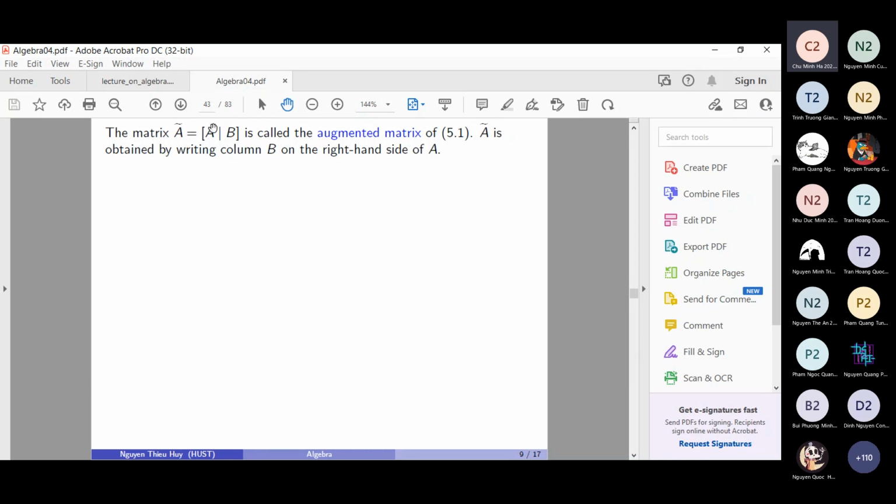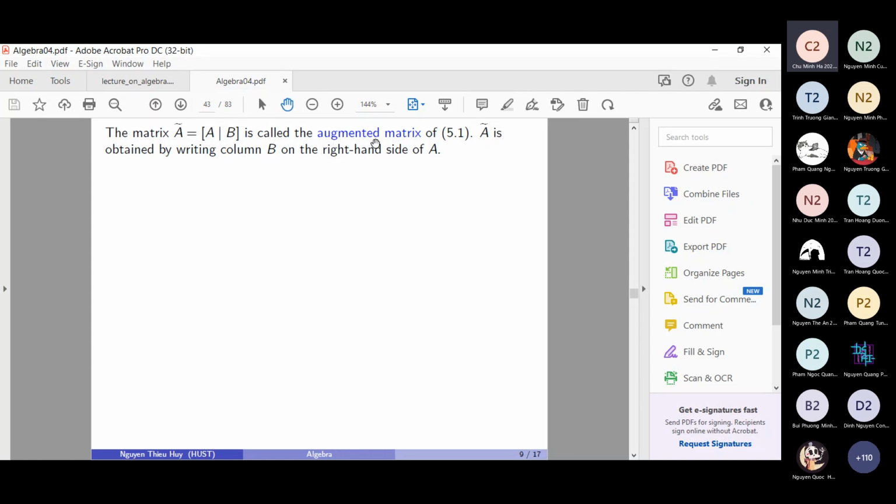The first block is matrix A and the second block is column b. And this matrix is called the augmented matrix of the system 5.1. So it is obtained by writing column b on the right hand side of A. So you use this slash or not, it's no problem, you can omit it. But at the beginning, I write this slash so that you can distinguish the two blocks, A and the column b.